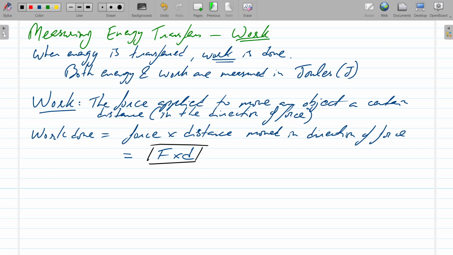So the unit of work is joules, as I mentioned, and a simple definition: 1 joule is when a force of 1 Newton is applied and moves an object through 1 meter.